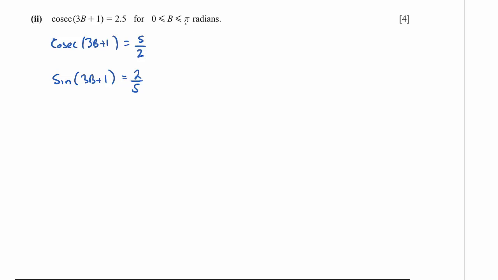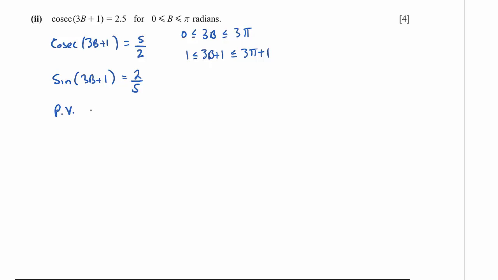Now we want to solve b between 0 and pi, so that means that 3b would be between 0 and 3 pi, and so 3b plus 1 would be between 1 and 3 pi plus 1, and 1 radian is just a bit less than 60 degrees, just to give you an idea, just a bit less than pi by 3 radians.